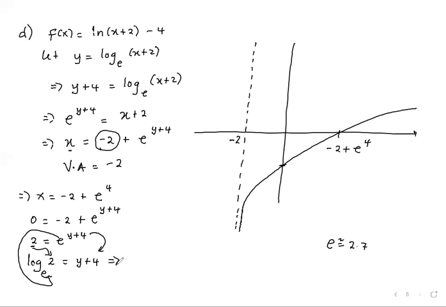This implies that y is equal to minus 4 plus log base e of 2. So this point here is the point -4 plus ln 2, because log base e is the same thing as ln.